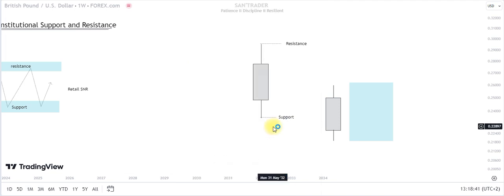It sounds dodgy, right? So now these are institutional support and resistance, right? Every candle's high is your resistance, and every candle's low is your support.